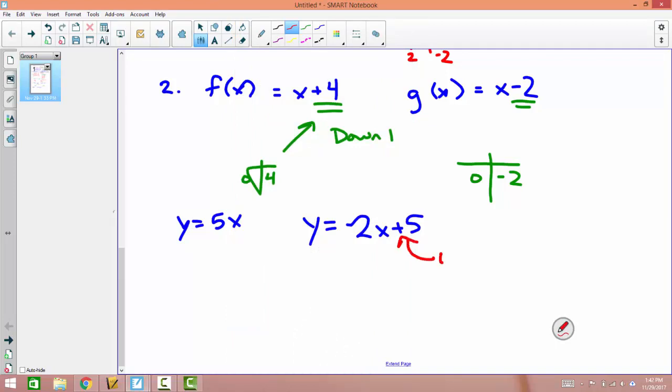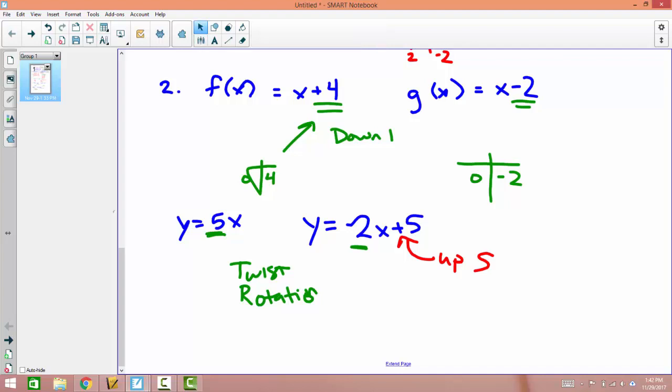So this part is up 5, and from here to here is a twist or a rotation. So it's turned. The slopes are different.